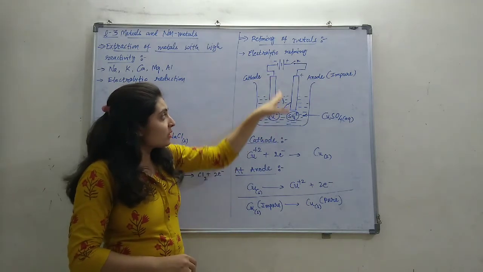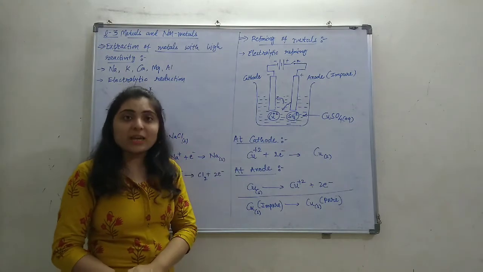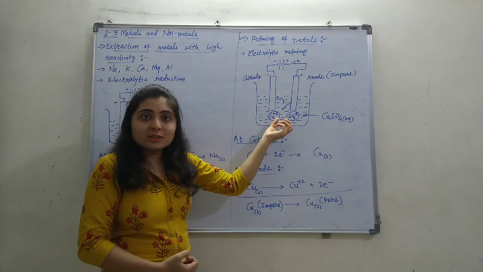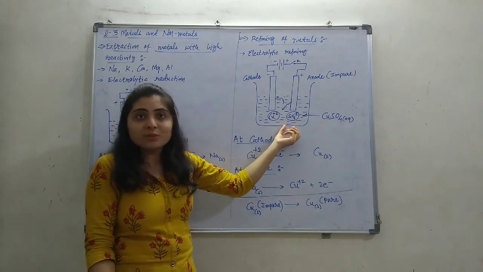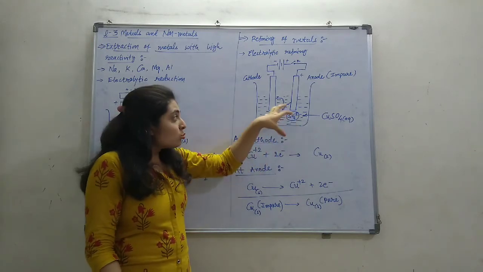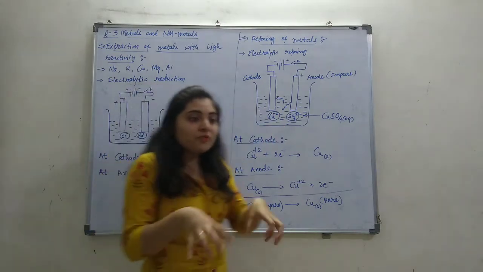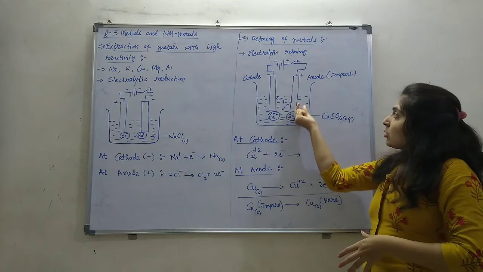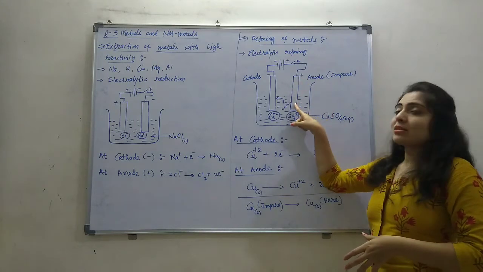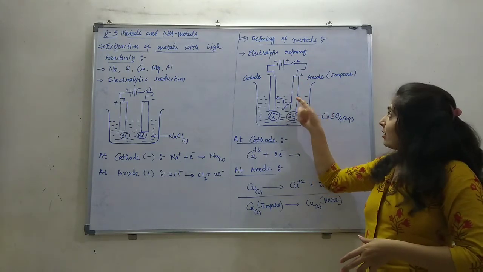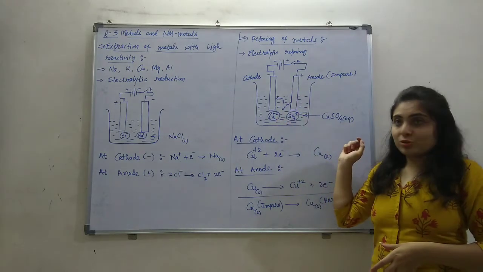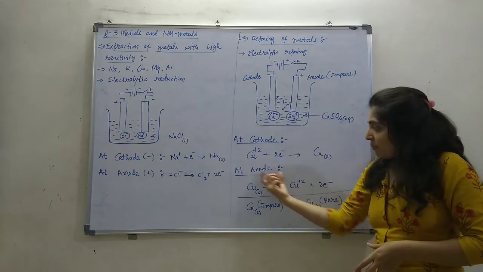So all the copper atoms will be deposited on this cathode. So there will be a lack of copper ions in the solution, only SO4 2- will be remaining. So to fulfill this shortage of Cu2+, the copper present in this impure anode will be coming into the solution.